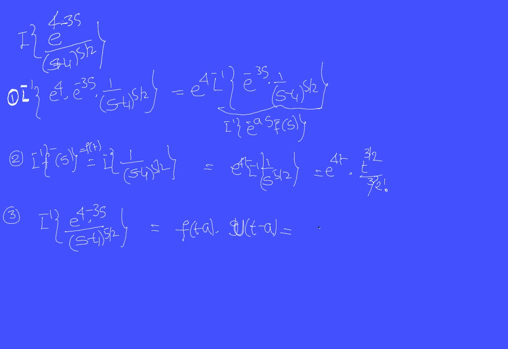F of (t minus a) means e power 4 into (t minus 3) into (t minus 3) whole power 3 by 2 by 3 by 2 factorial.